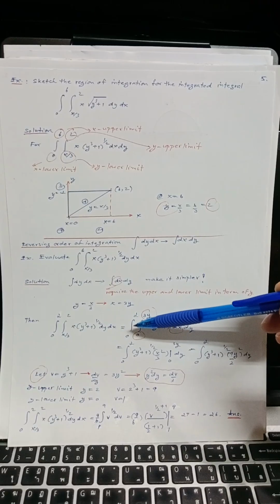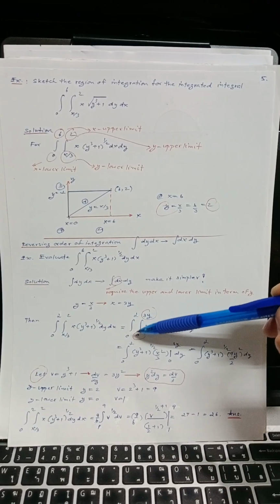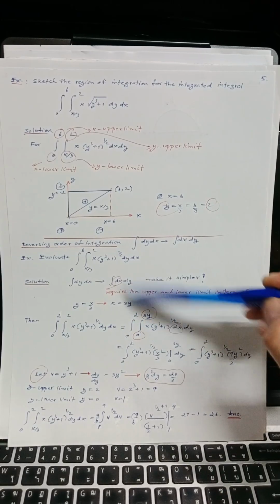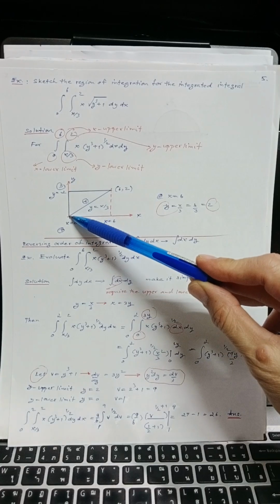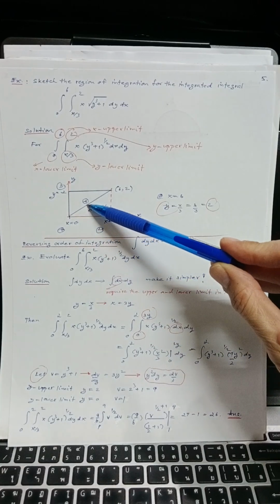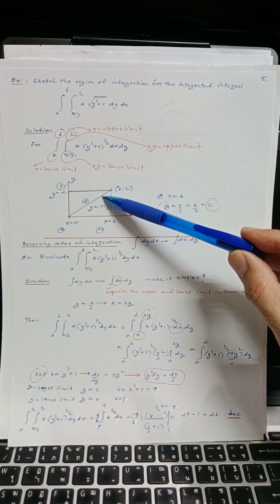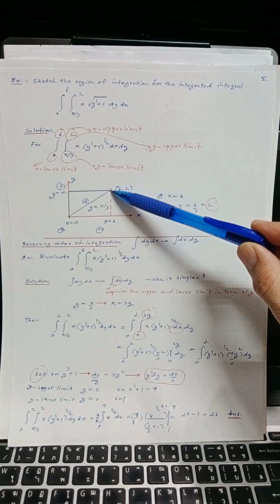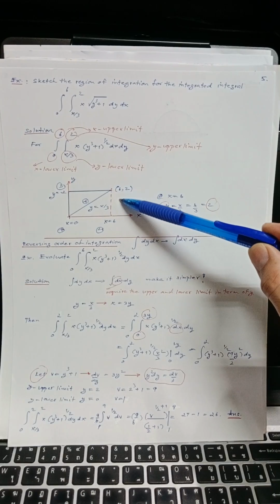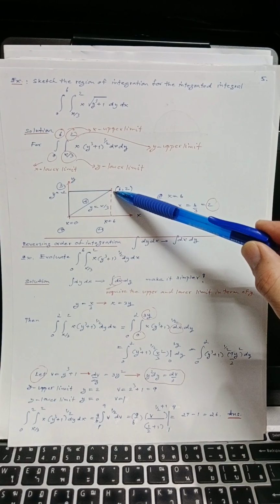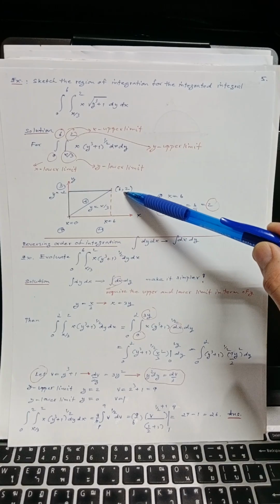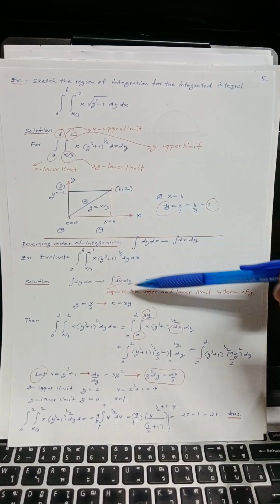For the x, of course, you start from 0 at this point, and then you go up, and then at the arbitrary y, you don't need to put the upper limit of x to be 6.